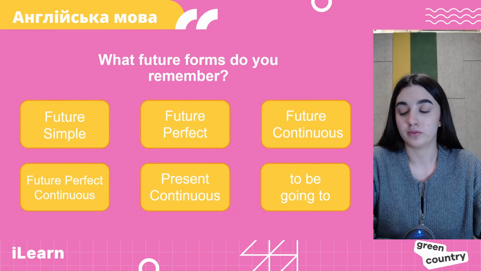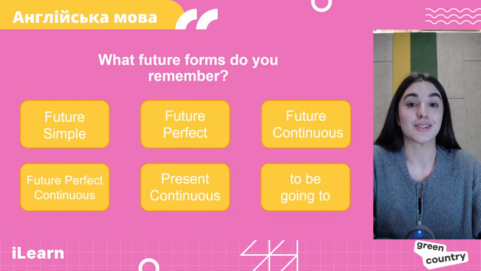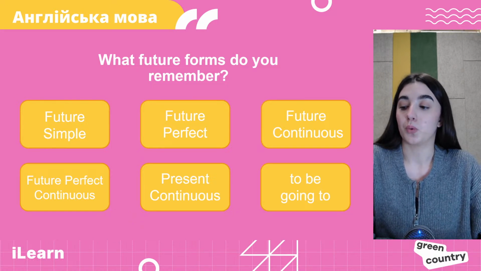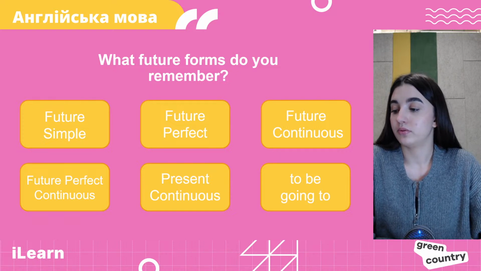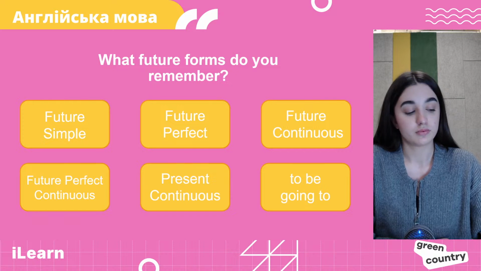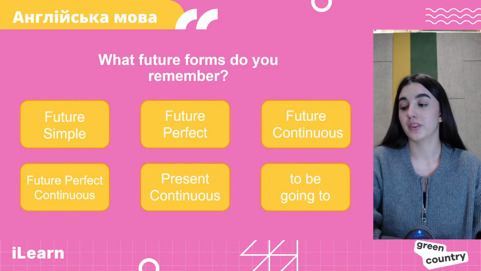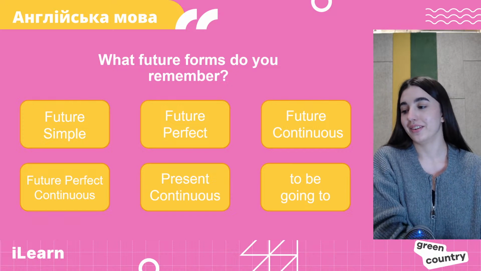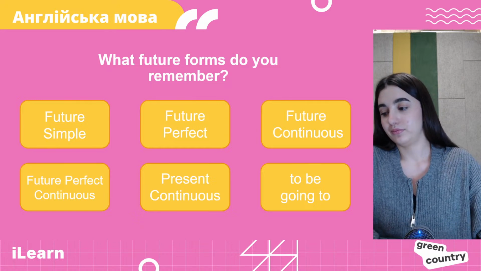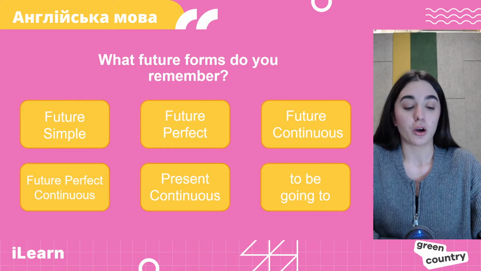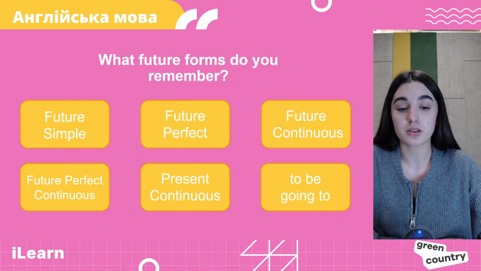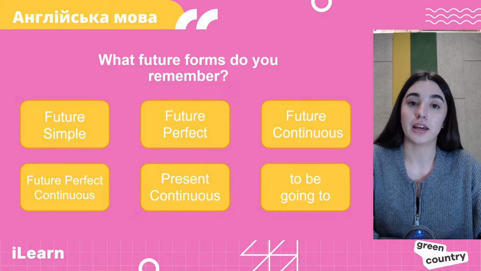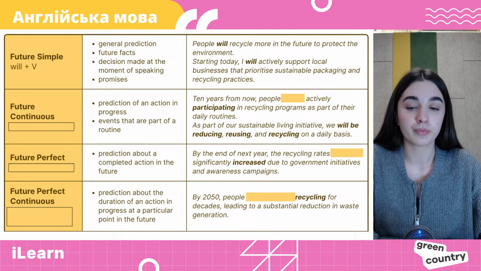One more. I will help you. It is for the present, but we can also use it for future. Okay, everybody thinks it's will. Okay, then now we will talk about these future forms, and then I will show you one more.